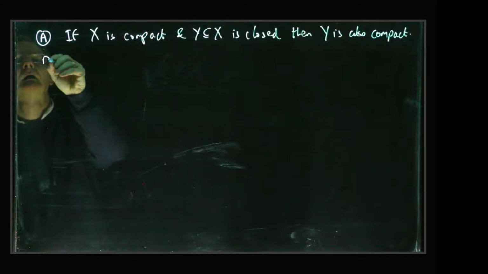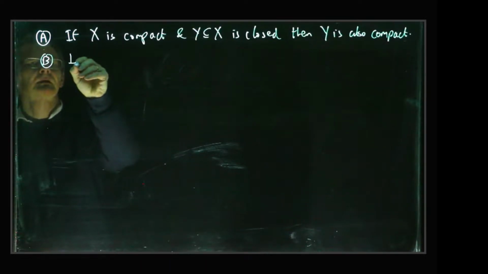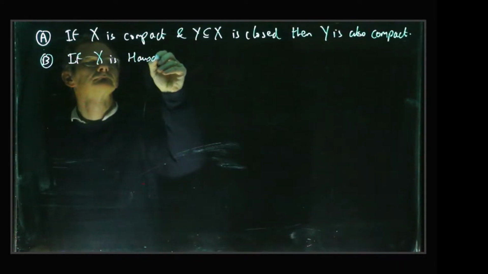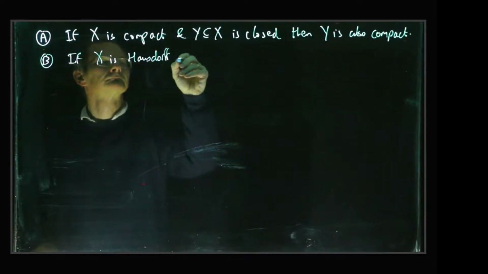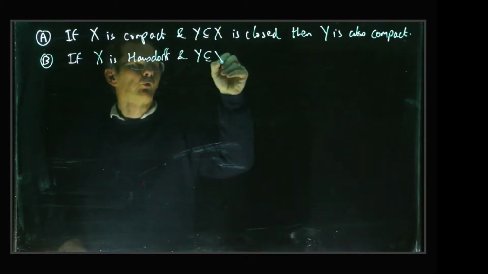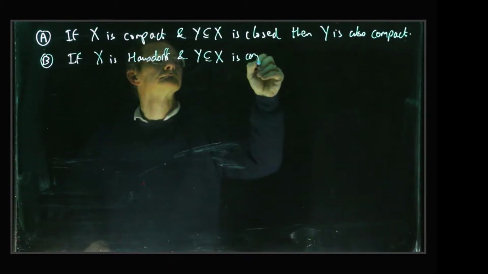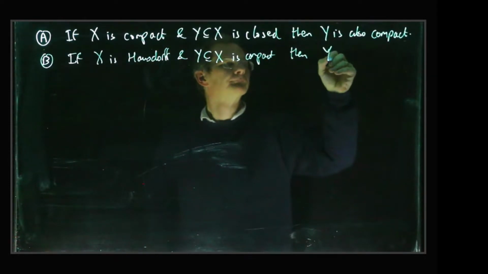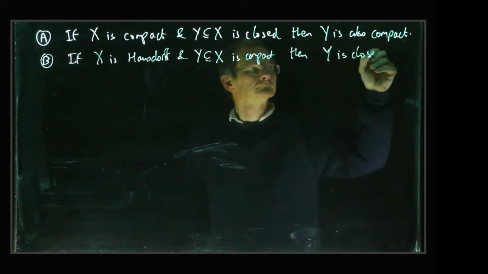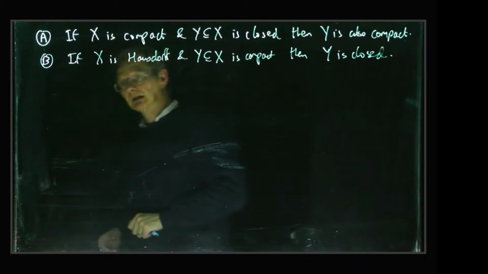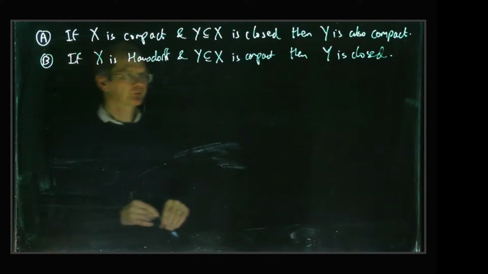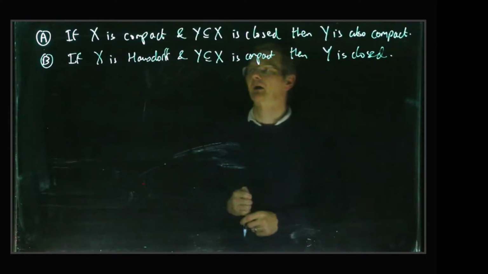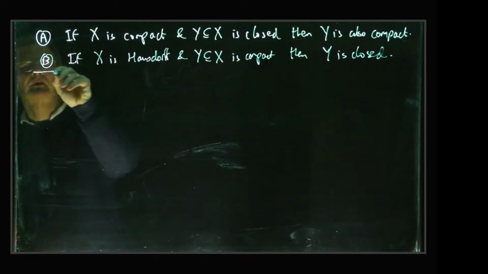And secondly, if X is Hausdorff and Y is compact, then Y is closed. Okay, so fact A, I had a fairly simple proof. Fact B was a bit more elaborate, but I won't recall anything about the proofs just now. We'll just remember that these things are true.